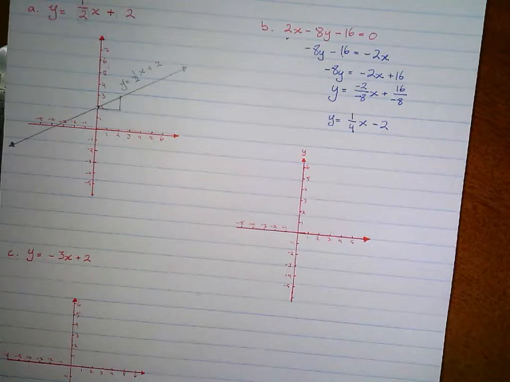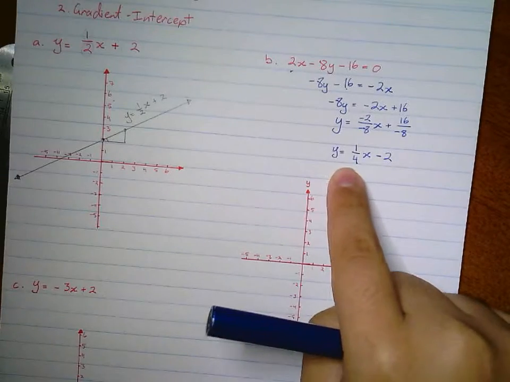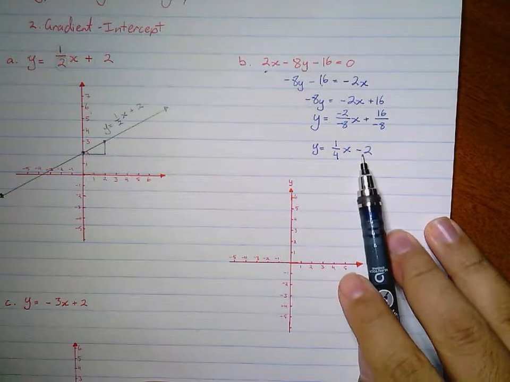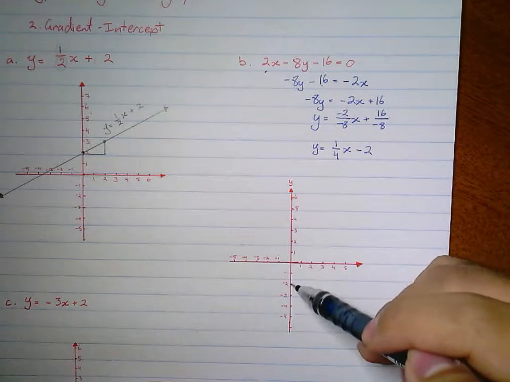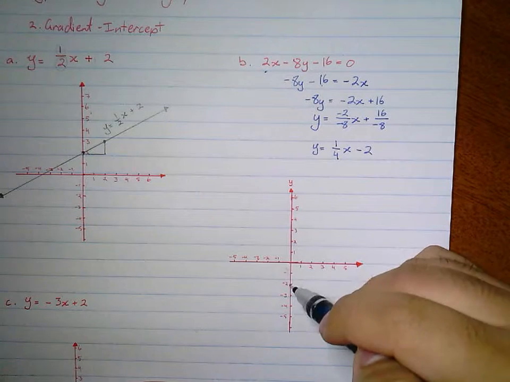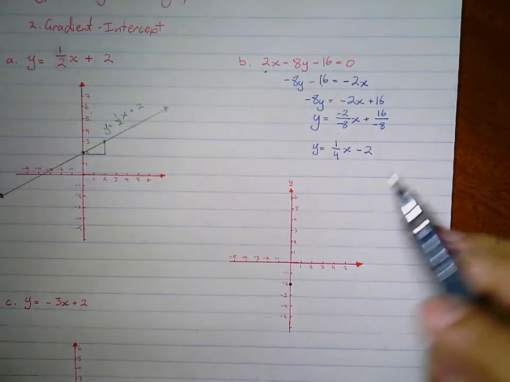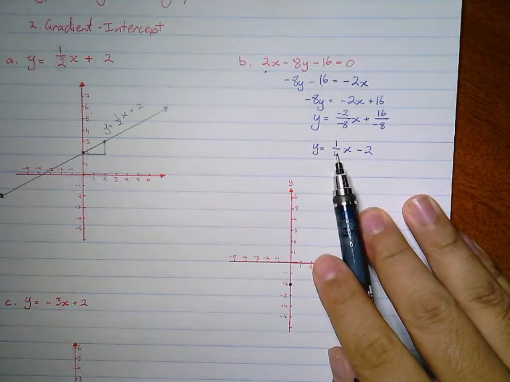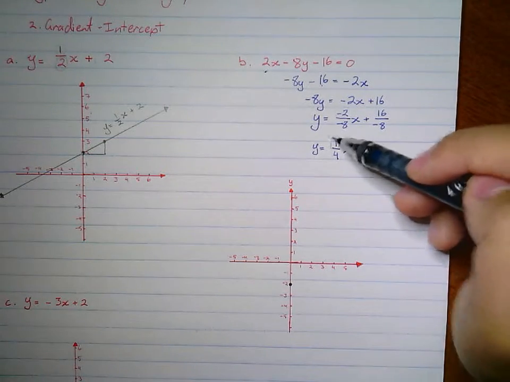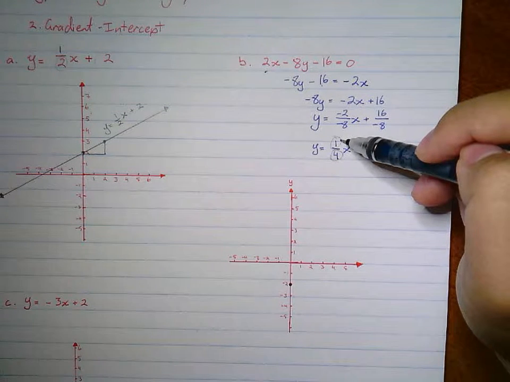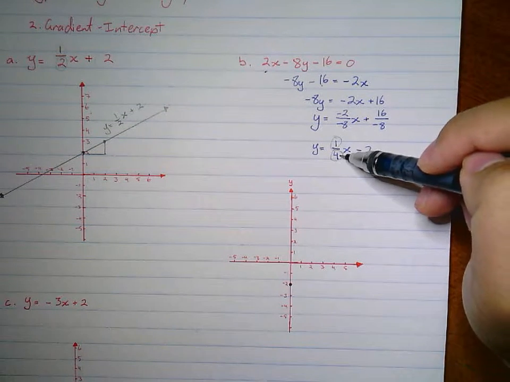Okay, so now we have it in our gradient intercept form. So starting from our intercept of negative 2, so (0, negative 2). There is our intercept. And our gradient of rise over run, so it would have risen 1 for only 4 units across.